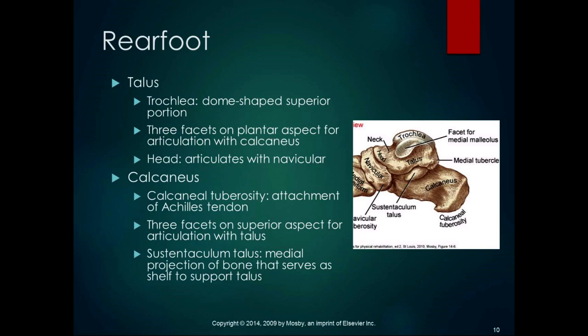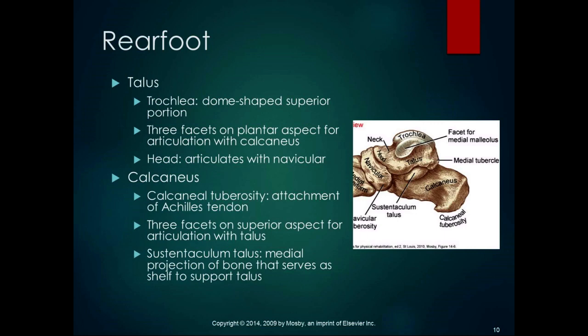You cannot palpate those superior facets, but you absolutely can palpate the sustentaculum tali. And it's on the medial side of the bone. You can sort of think of it as forming a triangle between the navicular tuberosity, the sustentaculum tali, and the medial malleolus. So hopefully you got to palpate that in lab.